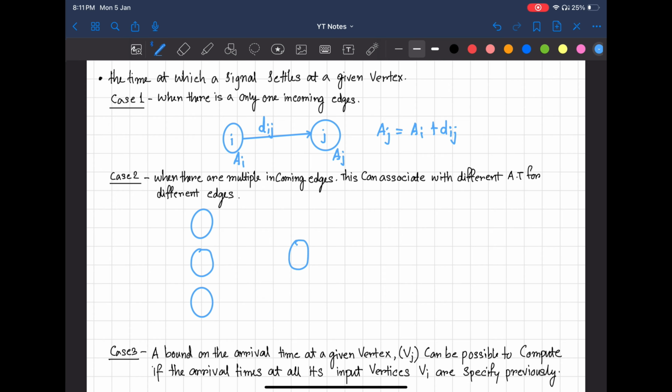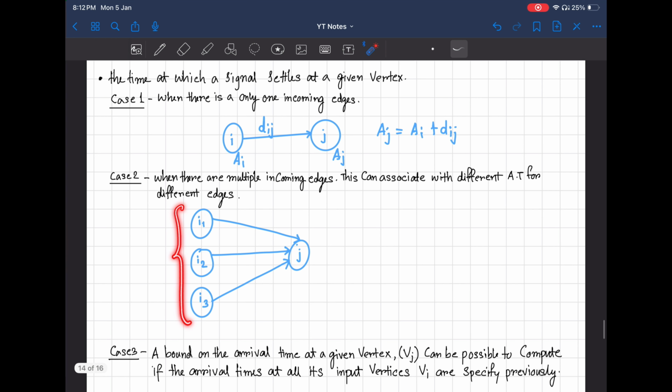So obviously three edges will be there: I1, I2 and I3, and this is the J vertex. Assume these are the input or source vertices at a particular point in a logic circuit.